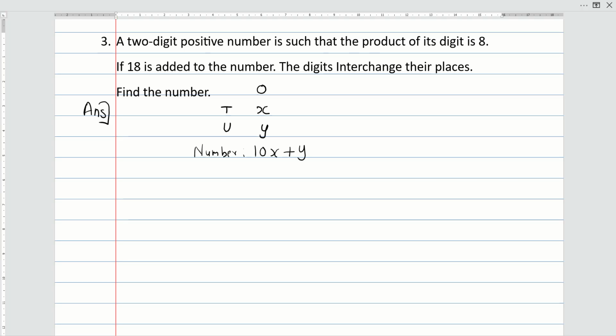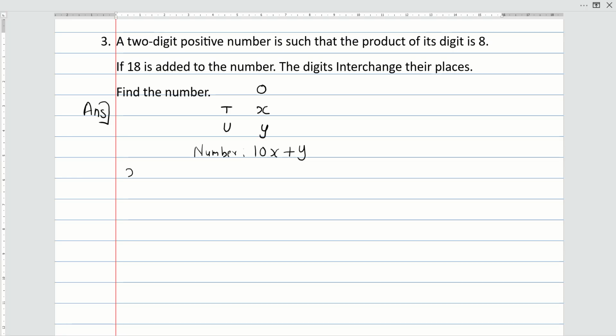So whenever such kinds of sums come, you have to decide which is x, the digit in the units place, and the digit in the tens place. Right now I have decided y in the units place and x as the tens place. But whatever you decide in the beginning has to be followed till the end. Okay, let us read the sum. A two-digit positive number is such that the product of the digits is 8.